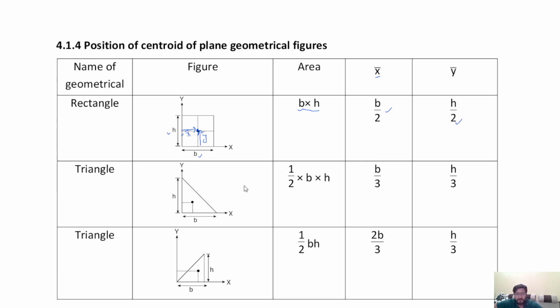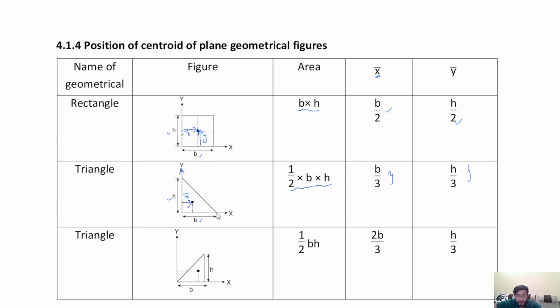Another figure is a triangle having base b and height h. The area of the triangle is 1 by 2 base into height, the centroidal x distance is b by 3 and the centroidal y distance is h by 3. B by 3 means, if we consider the reference axis like that, this is the centroidal x distance, that means x bar is equal to b by 3.